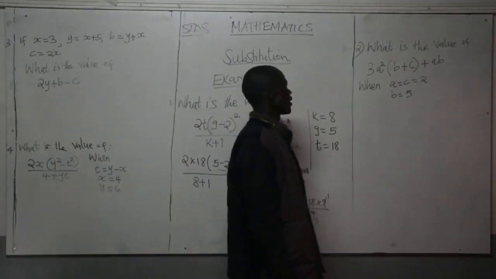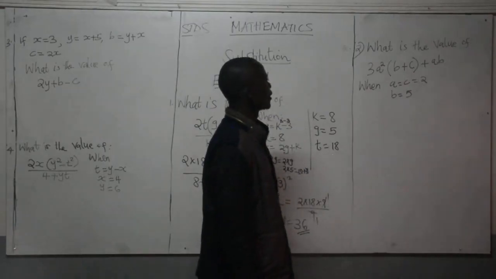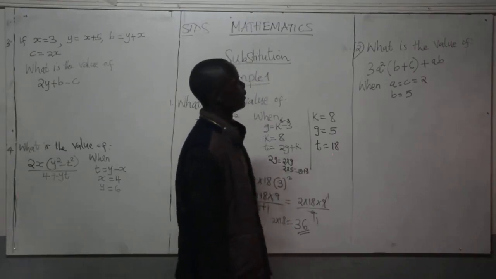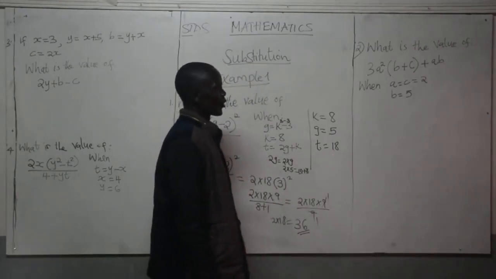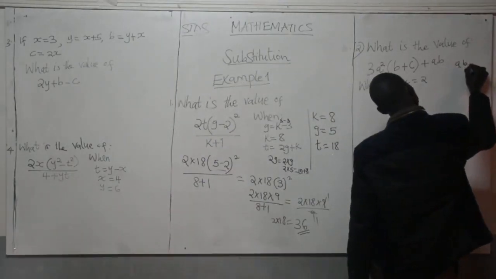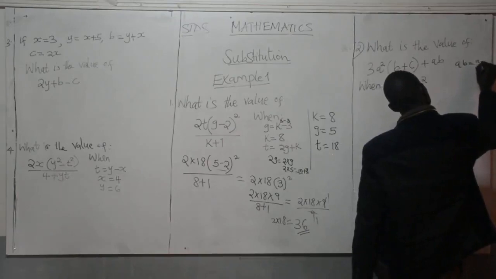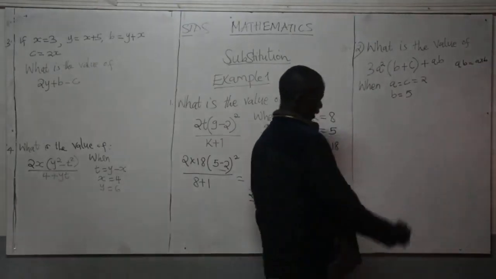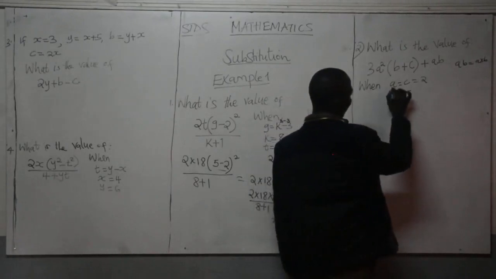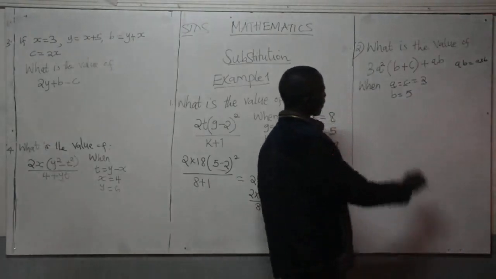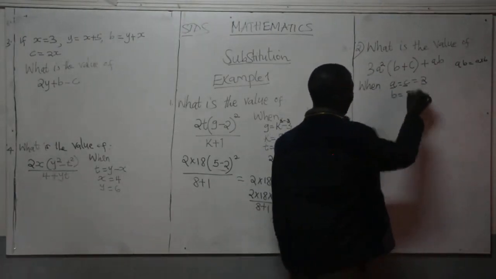It also says, what's the value of 3a squared into b plus c, plus ab? When you have ab, this just means it is a times b. Now, when we have a equals c equals 2, this means the value of a and the value of c are the same.